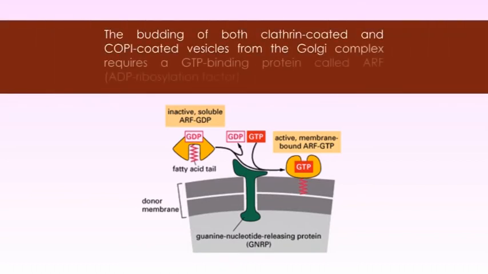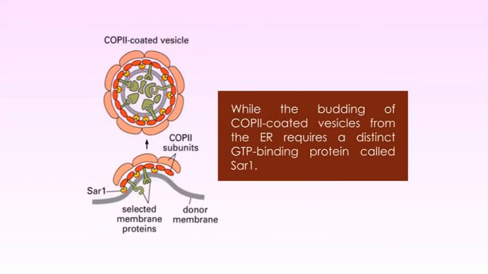The budding of both clathrin-coated and COP1 coated vesicles from the Golgi complex requires a GTP binding protein called ARF, which stands for ADP ribosylation factor, while the budding of COP2 coated vesicles from the endoplasmic reticulum requires a distinct GTP binding protein called SAR1.